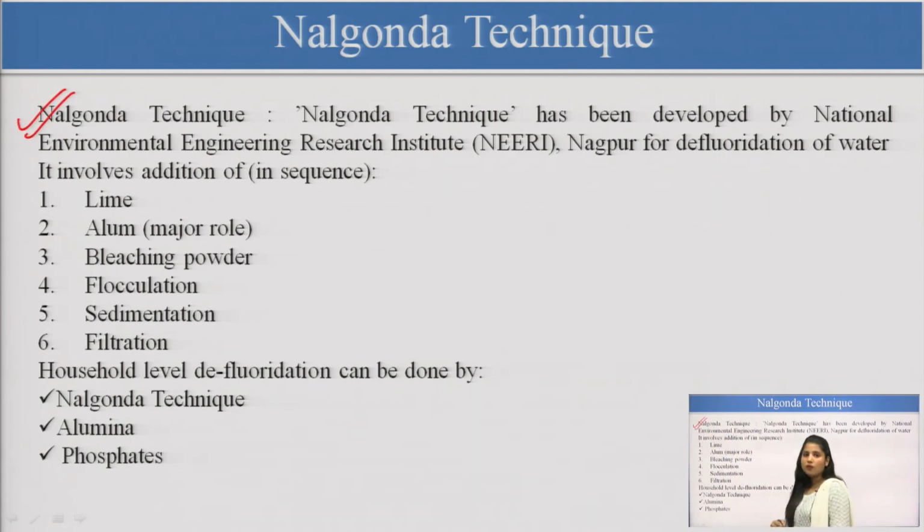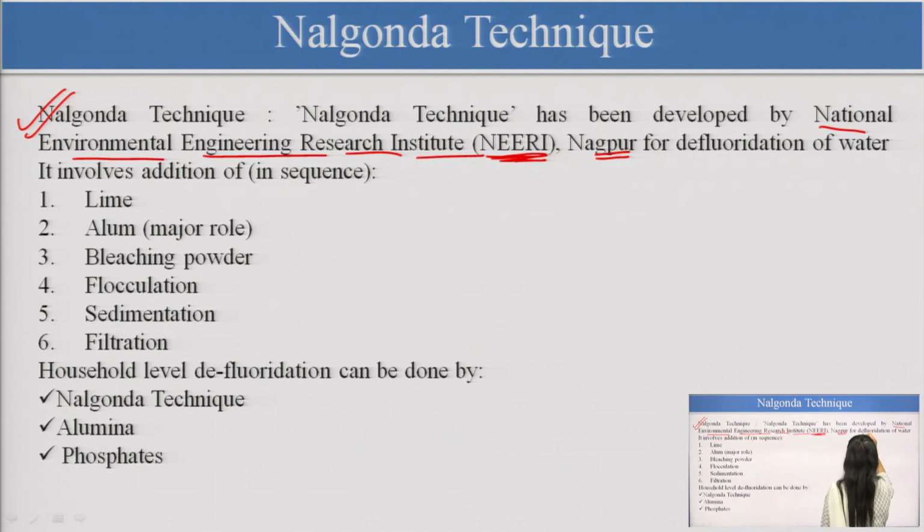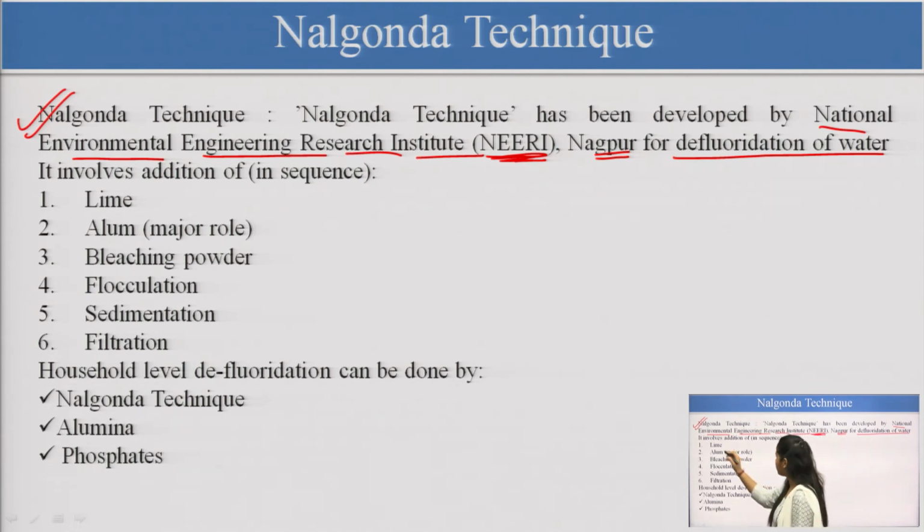Now coming to the Nalgonda technique. How will we remove fluorine from the water? We have one technique provided by the National Environmental Engineering Research Institute, which is important here, in Nagpur. This institute has given a technique for defluoridation of water. How can we remove the fluorine? We can use lime, alum, and bleaching powder.